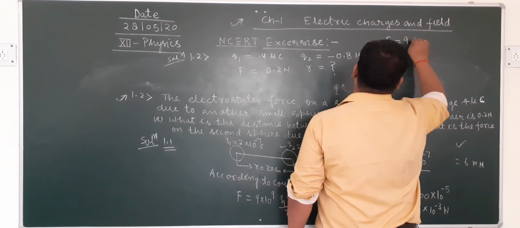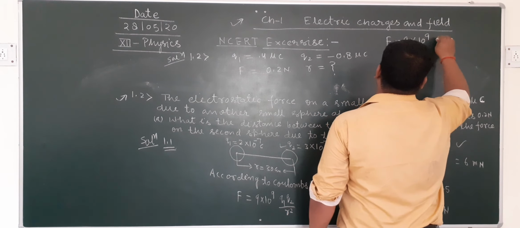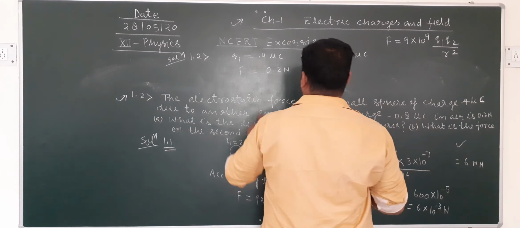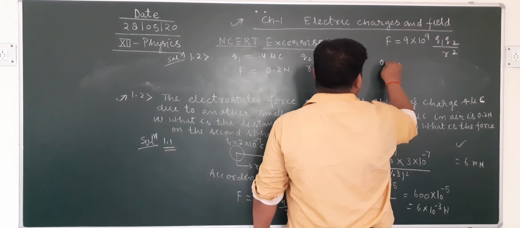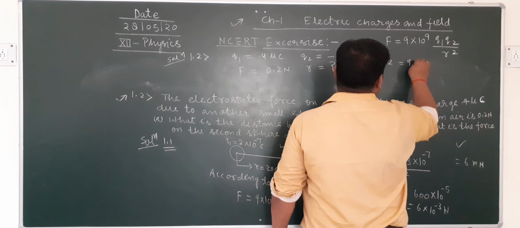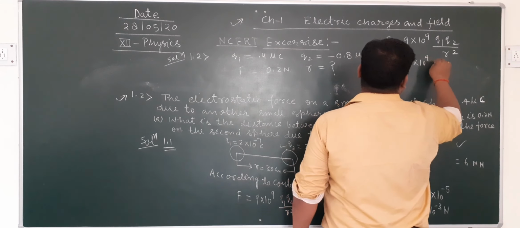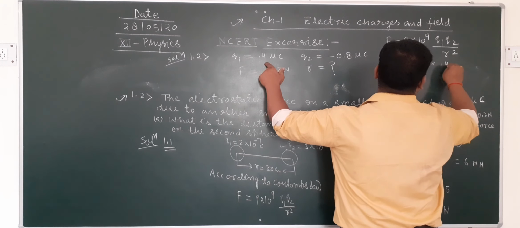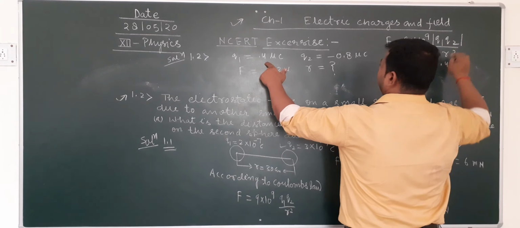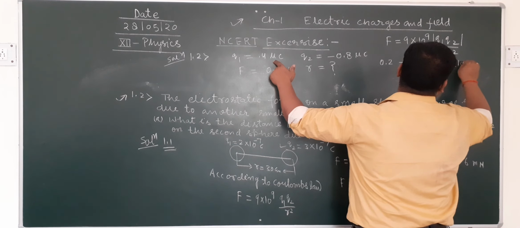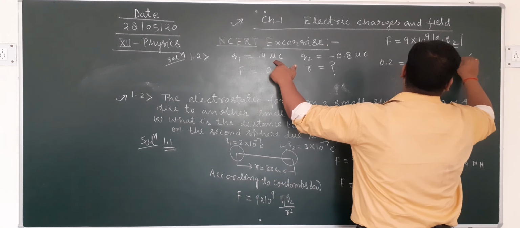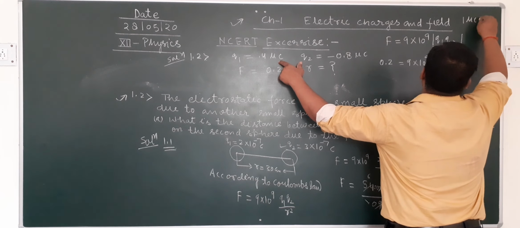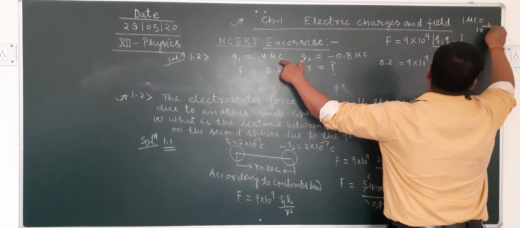F is equal to 9 into 10 to power 9 Q1 Q2 by R square. Clear? So we put the value of force, that is 0.2 is equal to 9 into 10 to power 9 into, here Q1 is given 0.4, this is in magnitude, 0.4 into 10 to power minus 6, because 1 microcoulomb is equal to 10 to power minus 6 coulomb.